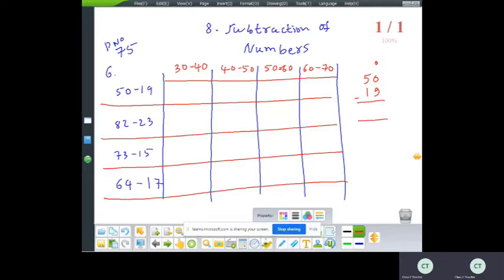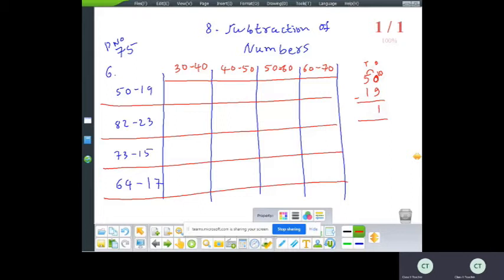Now subtraction in ones, then tens. In ones, 0 minus 9. We cannot take 9 from 0. Here 9 is a bigger number than 0. In this time we need to borrow. We take borrow from the beside number, 10. Now 10 plus 0, 10. 10 minus 9, 1.